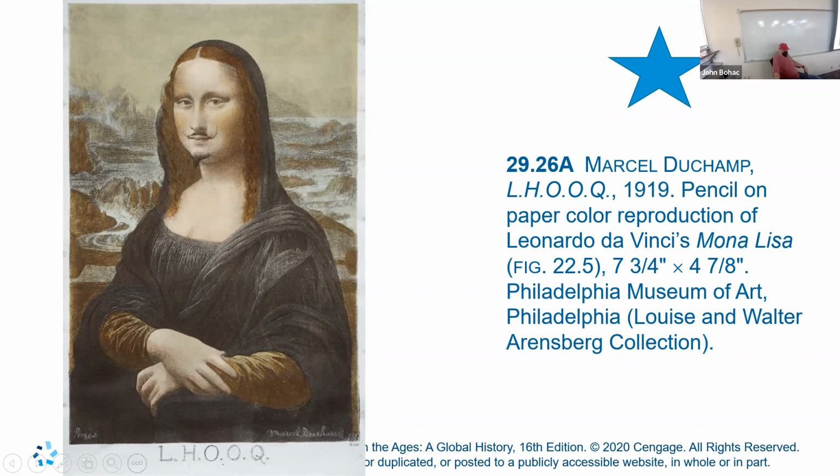And this L.H.O.O.Q. is meant to say something offensive. But you'd have to know French and you have to say the letters and kind of figure out what this is. And I'm not going to say what the offensive statement is, but I'll tell you how it works. You ever see like vanity license plates?